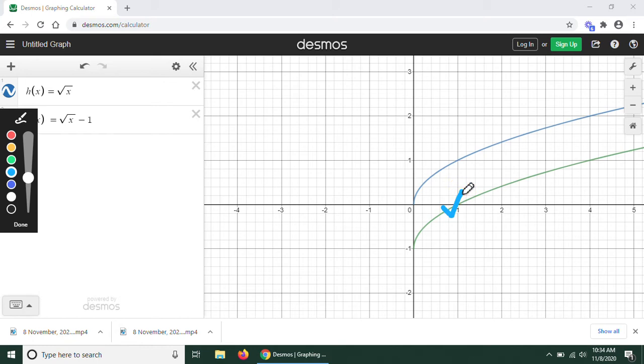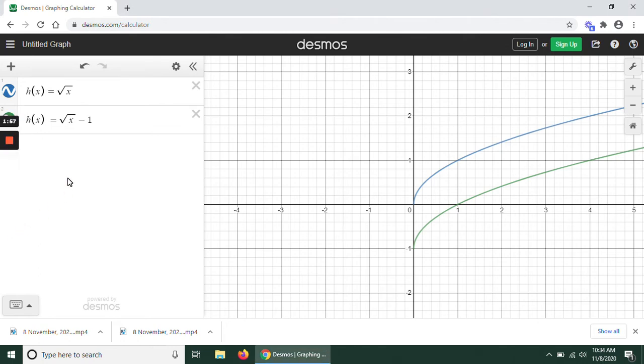All right, so when a negative number was applied to the function, it shifted the graph 1 unit downwards, as you can see.